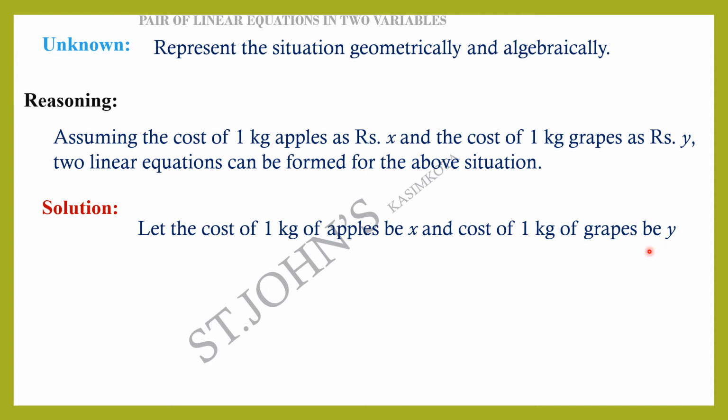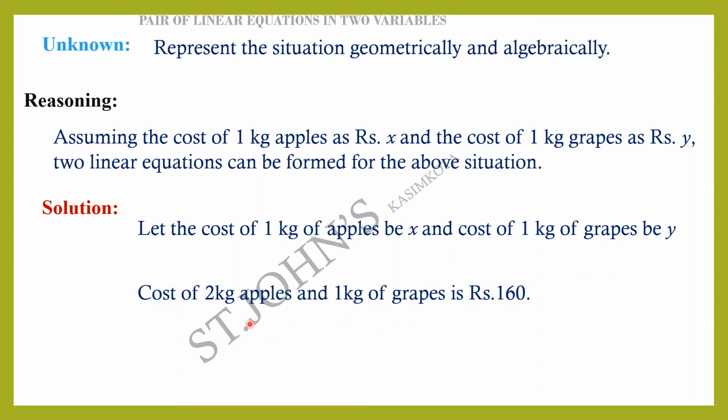Okay. So write down the first condition. Cost of 2 kg apples and 1 kg grapes is 160 rupees. Here the cost of 1 kg apples is x rupees, so 2 kg apples means 2x rupees. The cost of 1 kg grapes is y rupees.